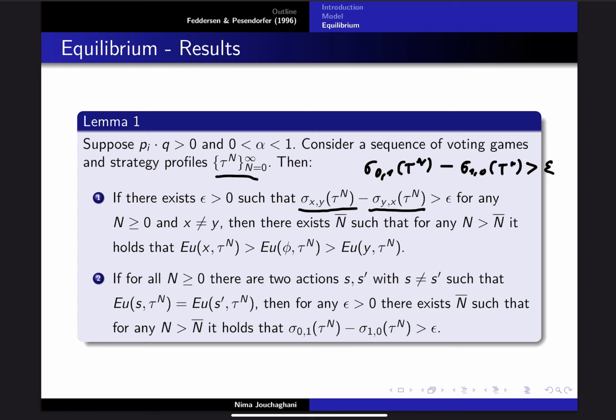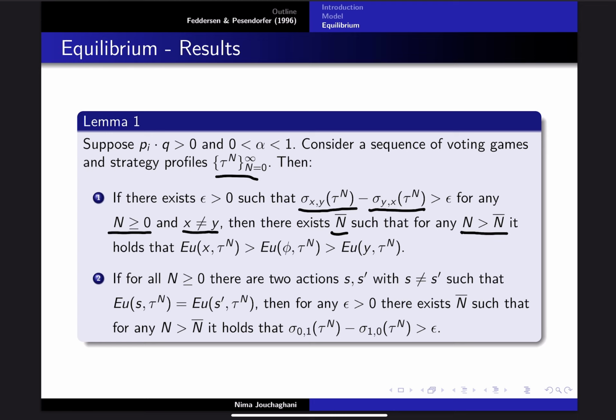So if there is a higher likelihood for a wrong vote to emerge in state 1 for candidate 0 rather than in state 0 for candidate 1, for any amount of potential voters, and obviously the state and the candidates are not equal to each other, then we have a threshold, a lower threshold of potential agents, such that if we have more agents than this threshold, it holds.